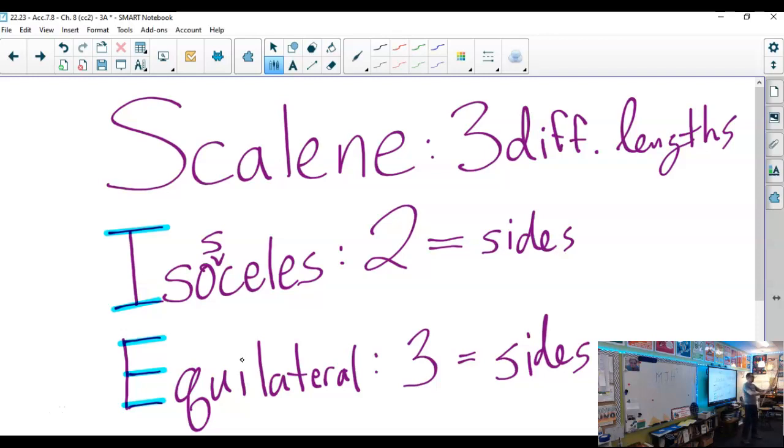Okay, so I've got an isosceles triangle here. Could my third side be really short? Yeah, like a really tall triangle. Could my third side be equal to my first 2 sides? Yeah, then I'd have an equilateral triangle, right? But if I do this, is this a triangle?